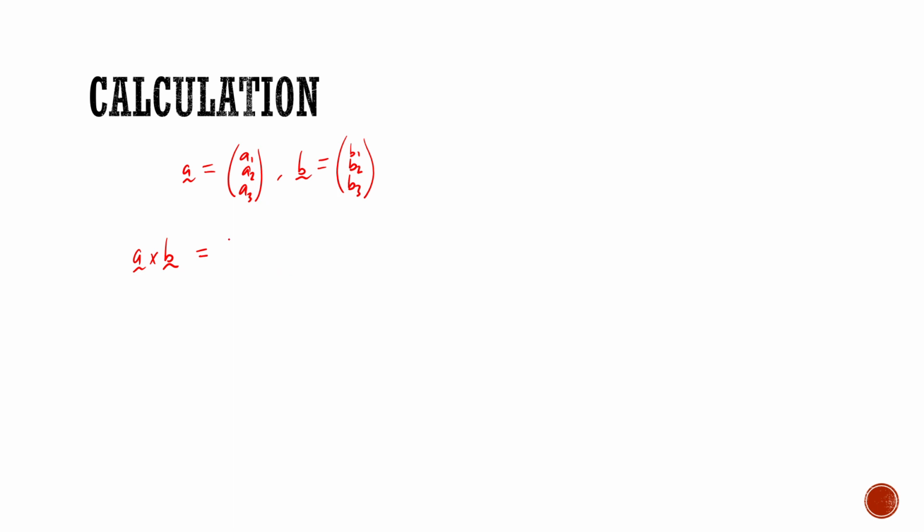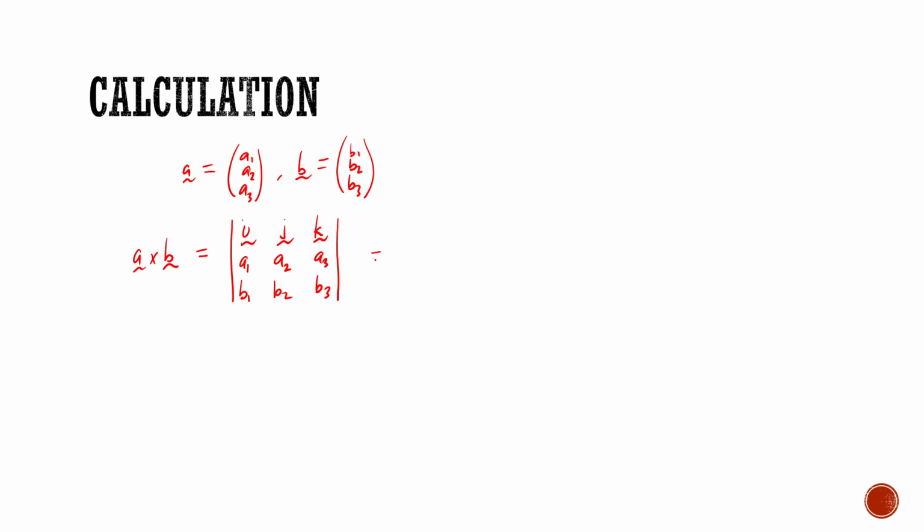What we do is we calculate the determinant of a 3 by 3 matrix whose first row is ijk, second row will be occupied by the components of A, and the third row by the components of B. The cross product, unlike dot product, is not commutative, so order has to be respected. If it's A cross B, then A comes first, and if it's B cross A, then B would come first.